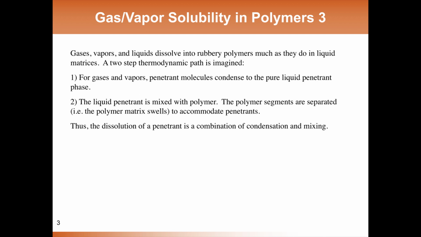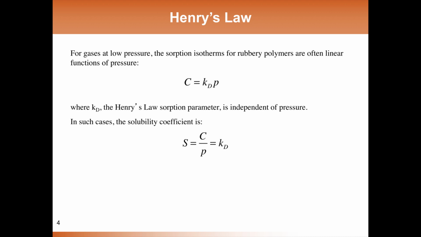By way of practical matter, for many light gases at low pressure, things like hydrogen, helium, methane, nitrogen, and so forth, often the so-called sorption isotherms, or the relationship between the concentration of gas dissolved in the polymer and the pressure of gas in contact with the polymer, are linear.